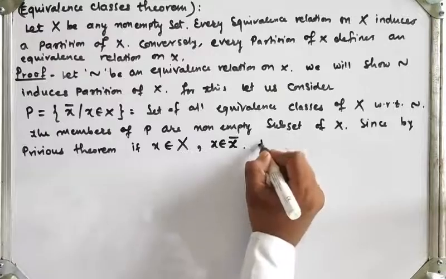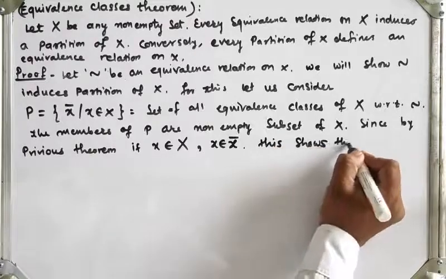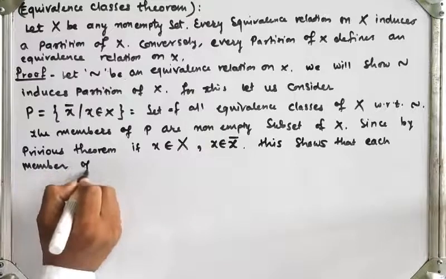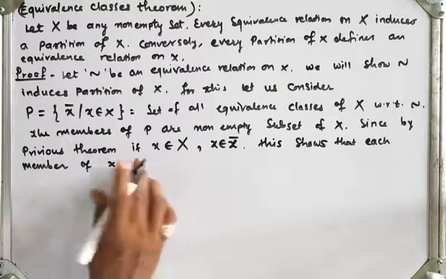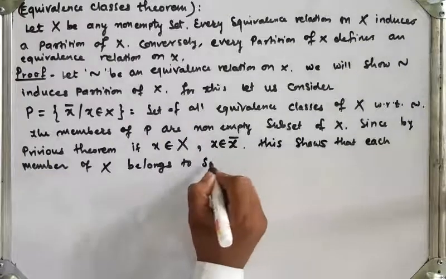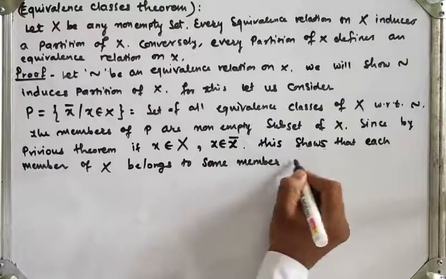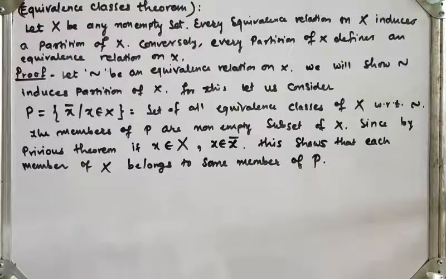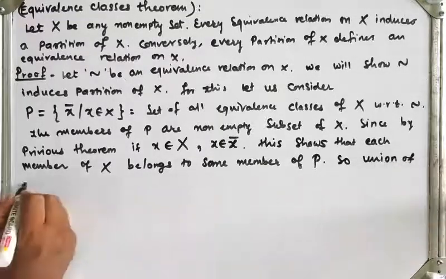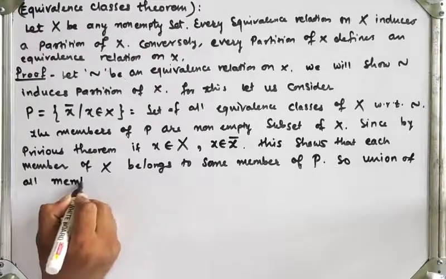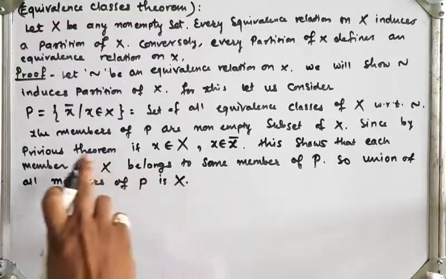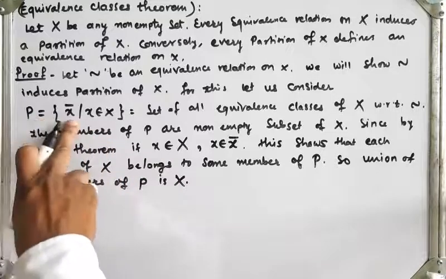This shows that each member of set X belongs to some member of P. So the union of all members of P is X.